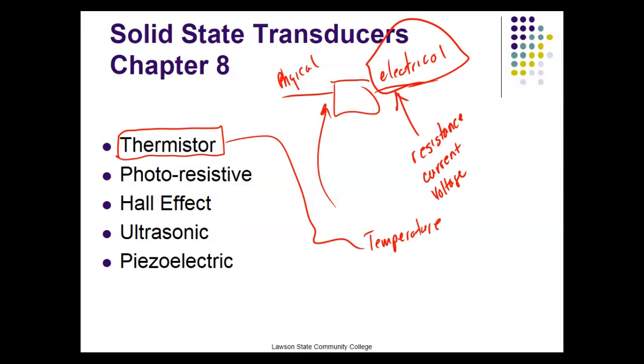Is it going to be resistance, current, or voltage? Resistance. Yeah. So a thermistor, I gave y'all as many hints as I could. It's going to vary its resistance with temperature.